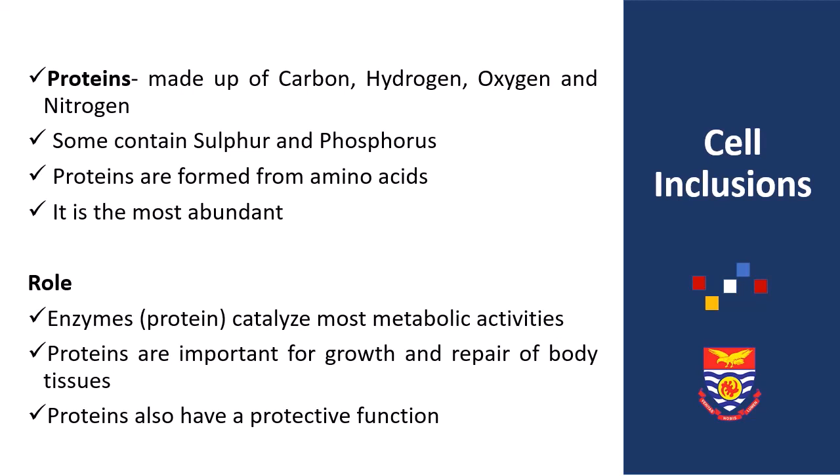For instance, hair, nails, hooves, and horns are strong and protective because they contain a fibrous protein called keratin. And also collagen, which is a form of protein, gives strength to bones, as well as myosin and actin, which are all proteins and are present in the muscle, aid contraction.